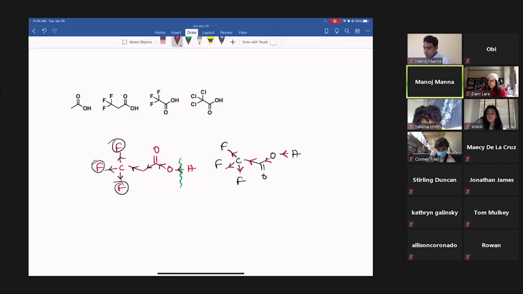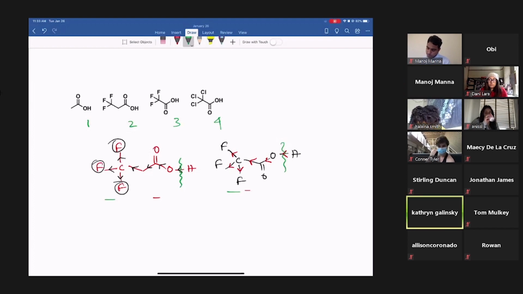So if we compare these two, which one is more acidic? Anybody want to try? Which bond can easily dissociate? Compound 2 or compound 3? Both have an equal number of fluorine atoms, but which one will dissociate faster? Is it number 3? Of course, very good.